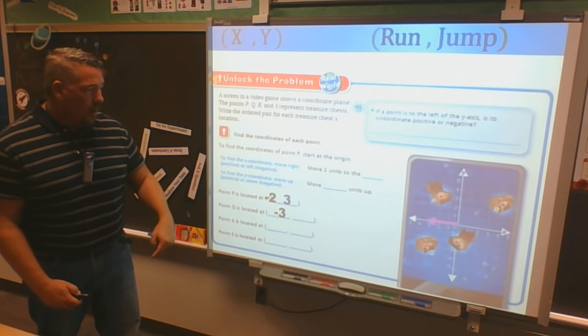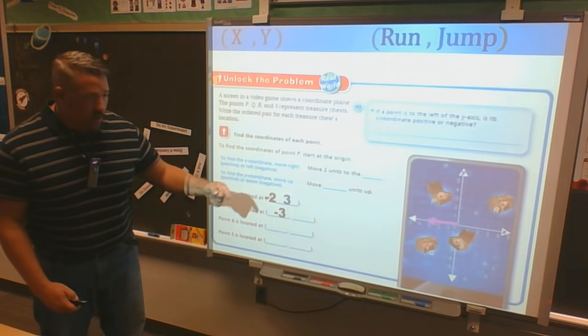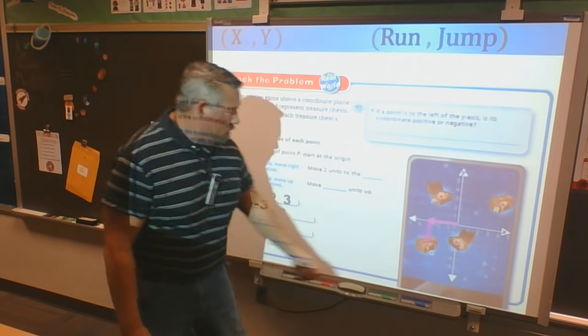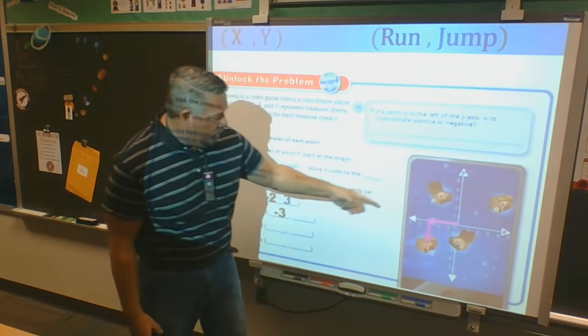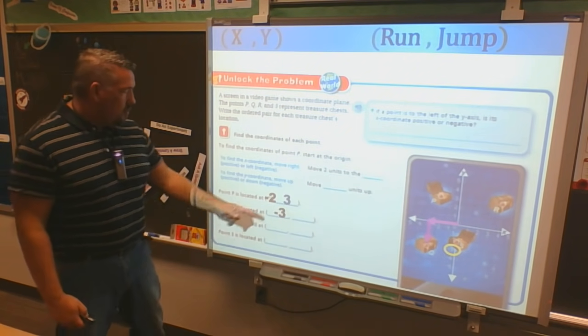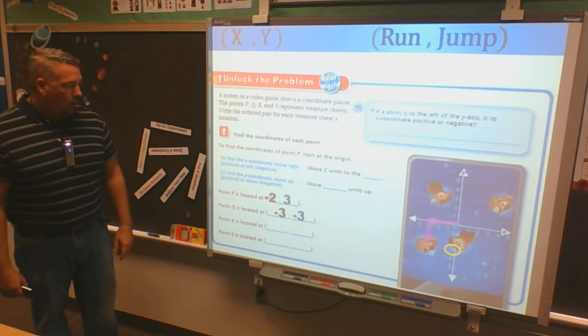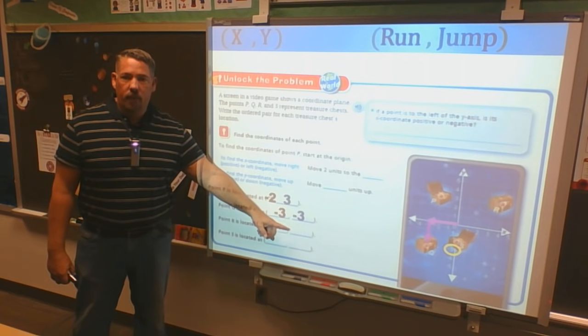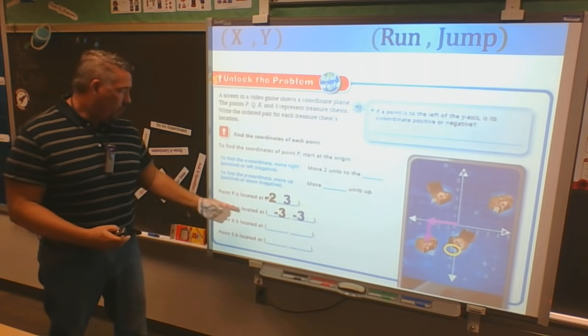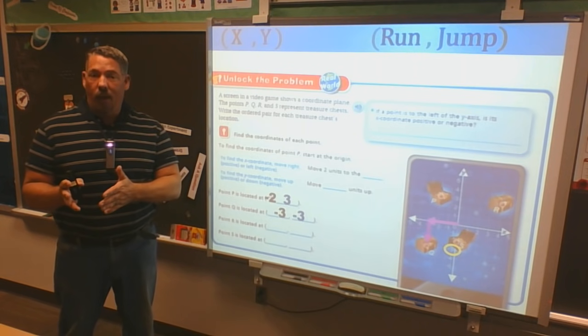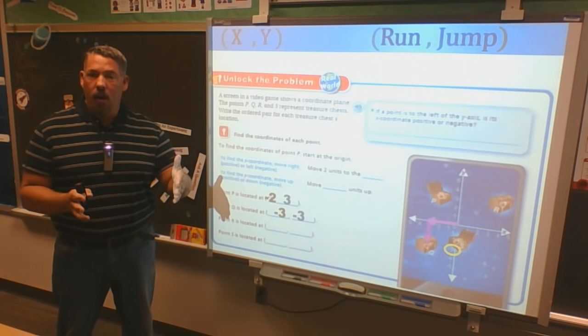How many am I jumping down? Well, when I jump down, I have 1, 2, 3 units again, right? So I'm going back -3 and then down, and that's a -3 also. So my Y-axis also has to be a -3. So my coordinates for Q are -3, my X, -3, my Y.